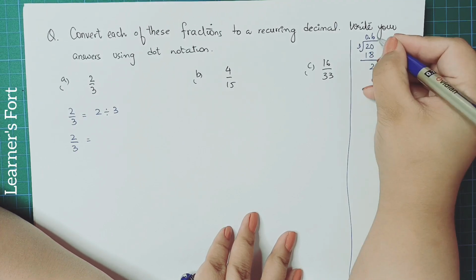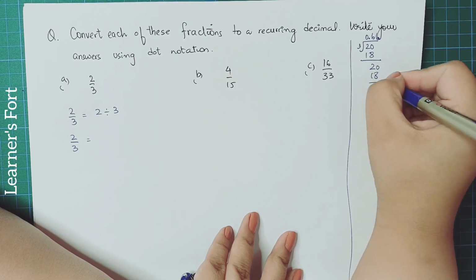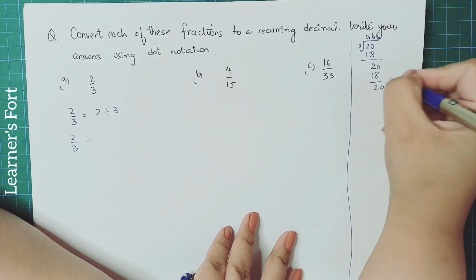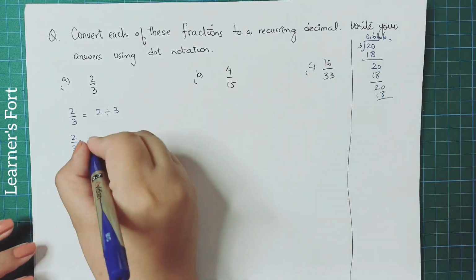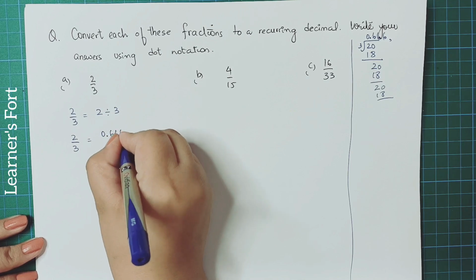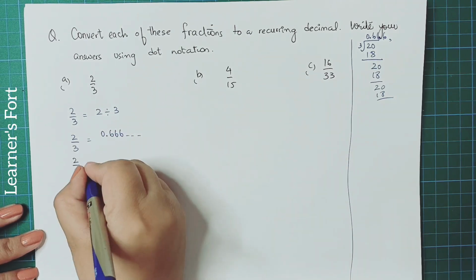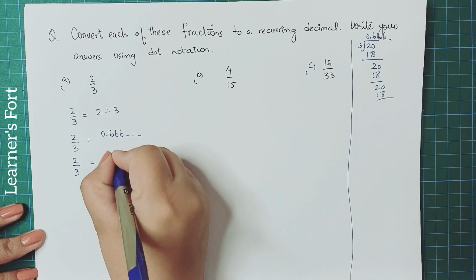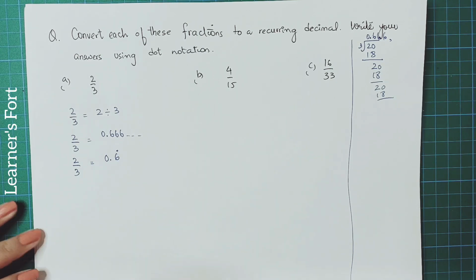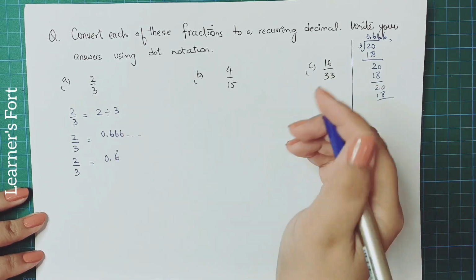Then we're left with 2, again 0, 6, 18, 2, 0, 6, 18, and so on. So what we'll be having is 0.6666, and so on. So in case of writing the answer using dot notation, we're going to write 0.6 and we're going to write a dot over the 6, which shows that it recurs. All right, so it repeats itself.